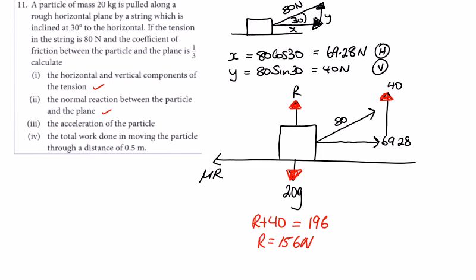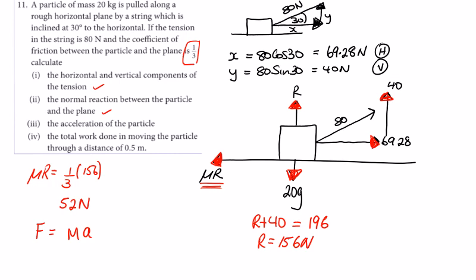Number 3, the acceleration of the particle. Well, we need to involve mu here. So mu R is going to be equal to 1/3 times 156, which is 52 newtons for mu R. And we know that the resolved forces are equal to mass times acceleration. The only one going that way is 52, and the only one going in this direction here is 69.28.